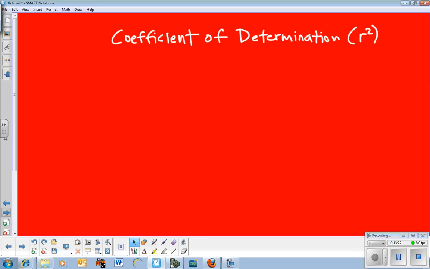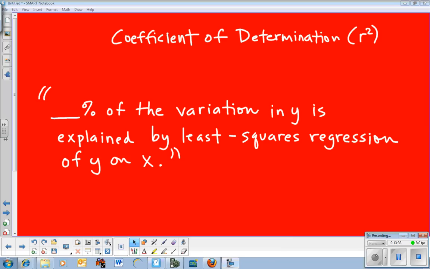Coefficient of determination, R-squared. This is the number that pops up when you're calculating your correlation in linreg. Okay, I'm getting close to my time cutoff here, so I went ahead and paused. You can pause here and copy this down.